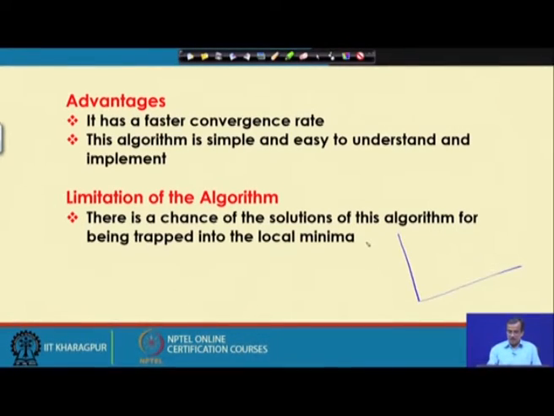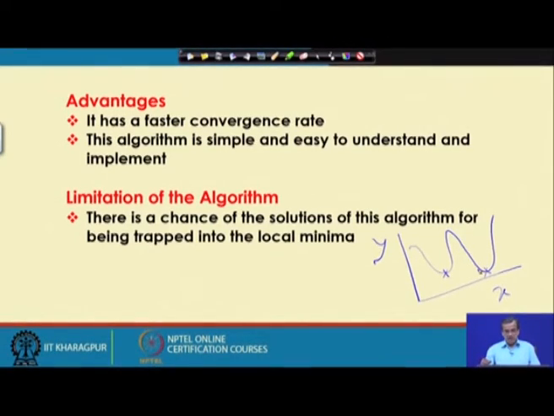The plot is as follows. Here, this basin is the local basin, and this is the global basin, and this is a minimization problem. This point is the locally minimum point, and this is the globally minimum point.